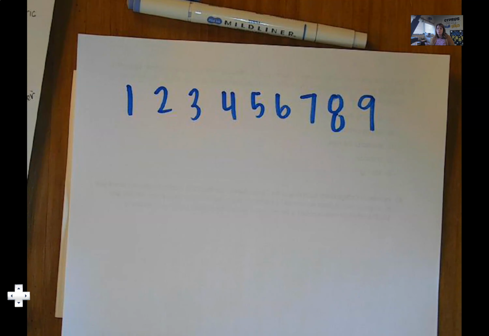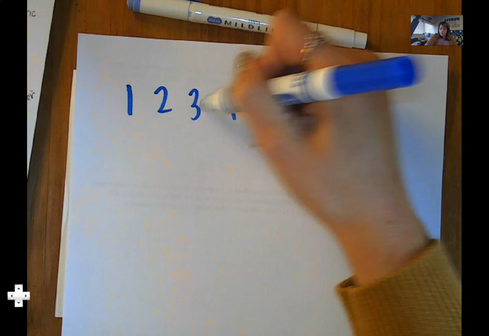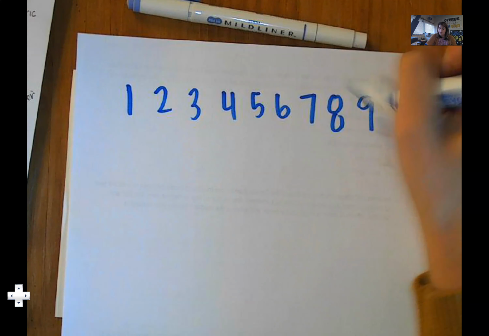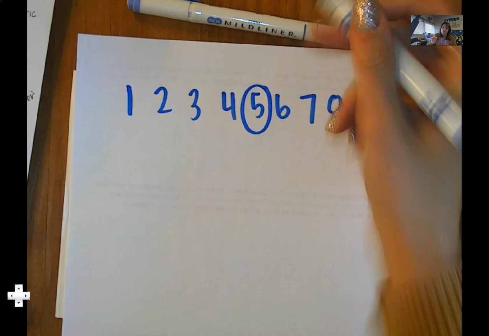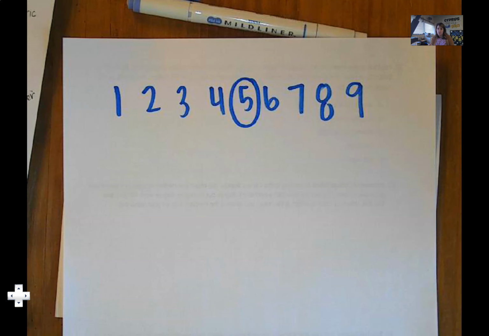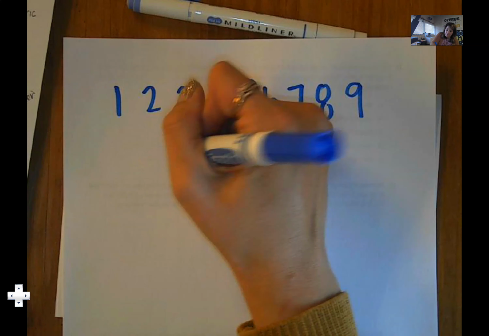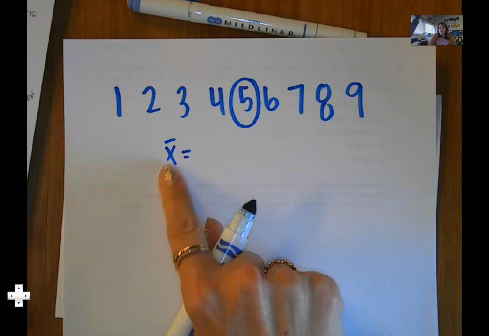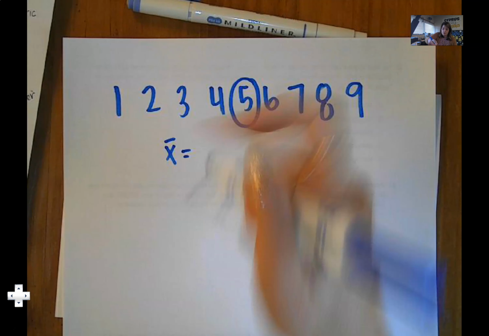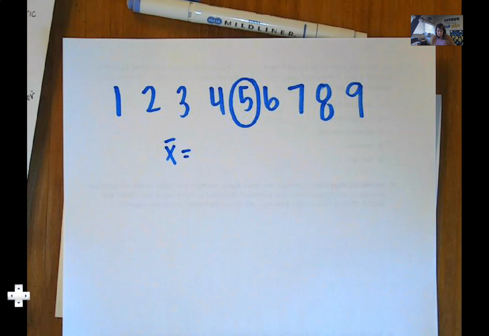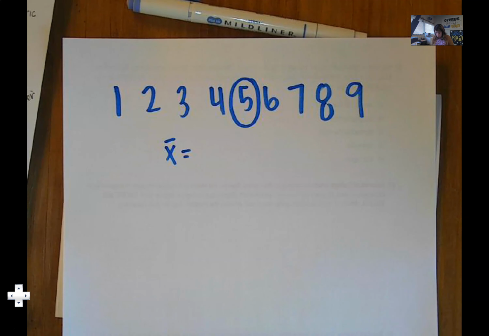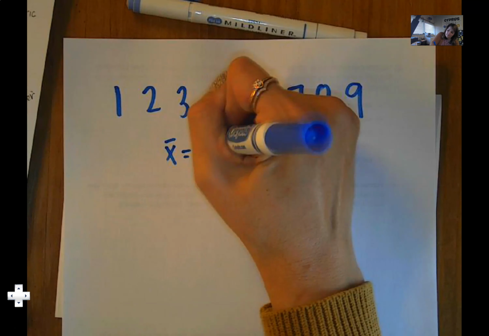If we found the median, we would count in from each end, 1, 2, 3, 4, and that means 5 is our median. If we calculate the average, the mean, denoted by x bar, we add up all these numbers and get 45.